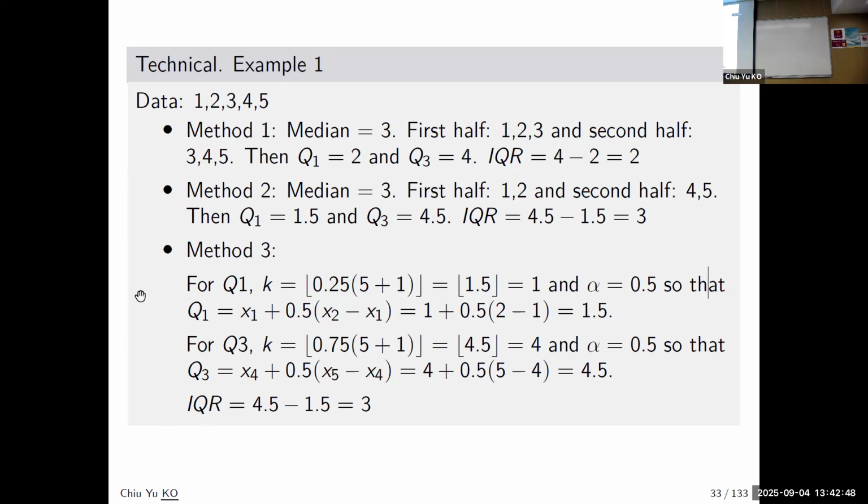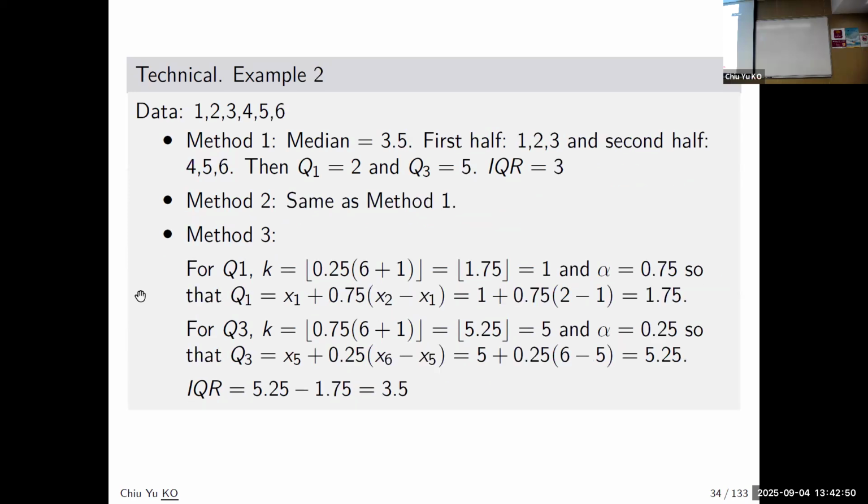Next example: in this example, we have an even number of observations. It turns out that the two methods don't make a difference. If you look at this, 1, 2, 3, 4, 5, 6, the median is the average of the third and the fourth observations, because those are the middle two. So the median is 3.5.